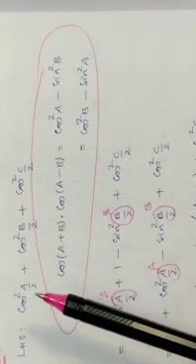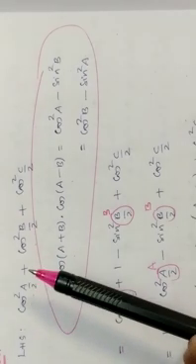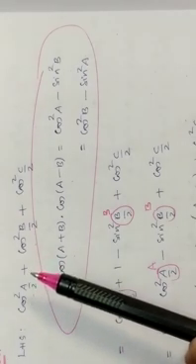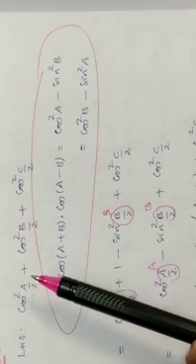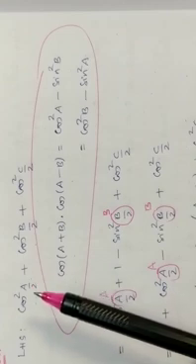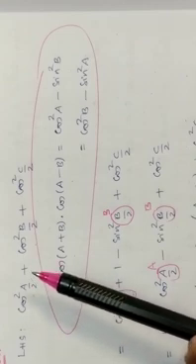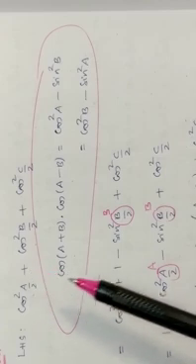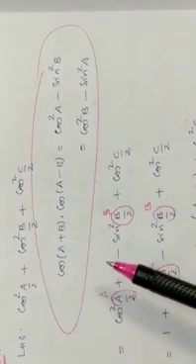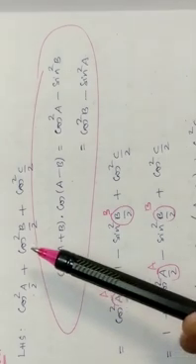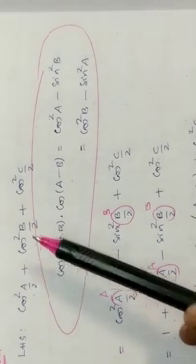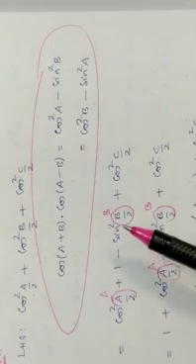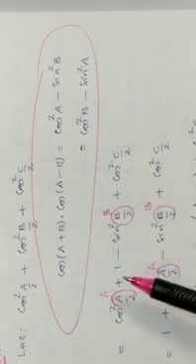The formula is applicable when you have minus in between. But whereas in the problem it is plus, we cannot apply the formula. So to make this plus as minus, I used cos square theta as 1 minus sin square theta.